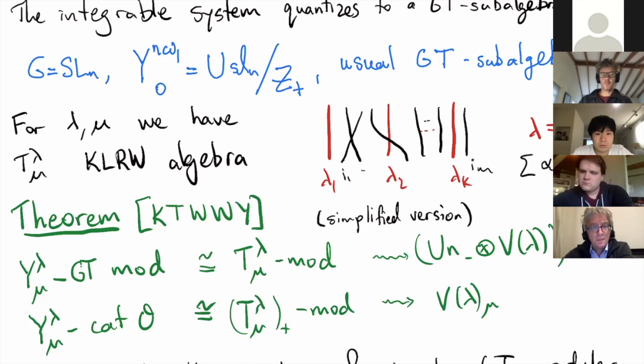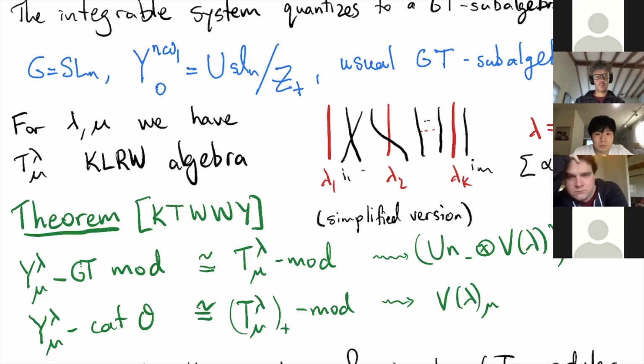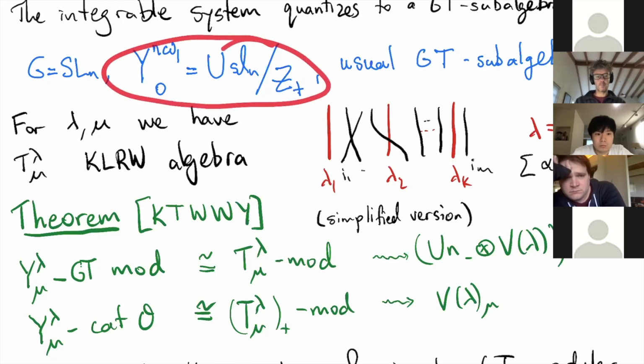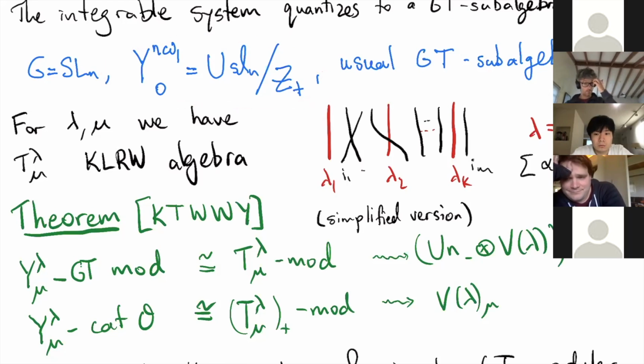So category O for Y lambda mu is a subcategory of the Gelfand-Tsetlin modules, basically where these weights are in some sense bounded above. Just like in the usual category O, and in this example, it coincides with the usual category O. Well, not quite the usual category O, because of this business about shifting between generalized central character and generalized weight spaces, but close enough. Pretty much the usual BGG category O.